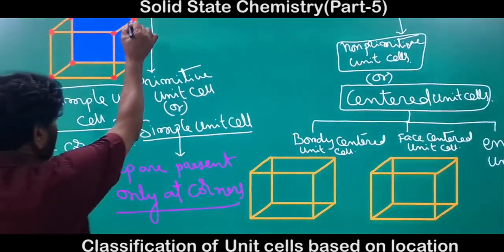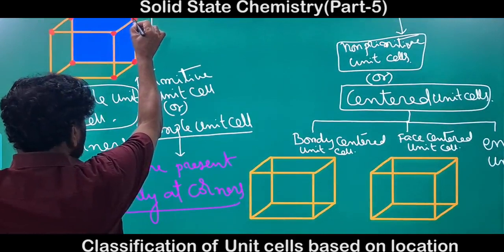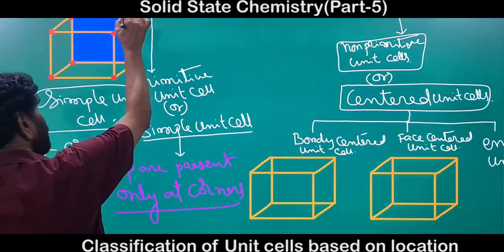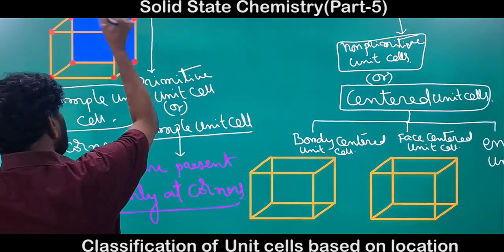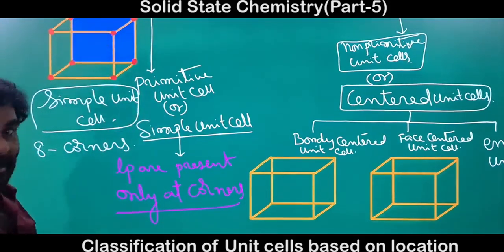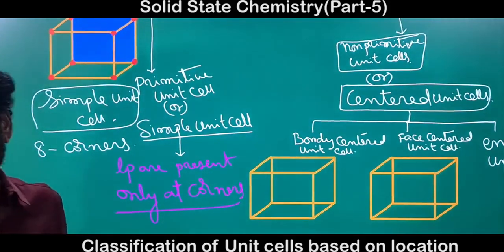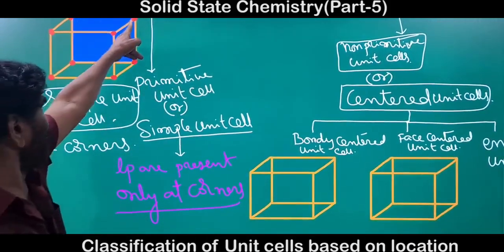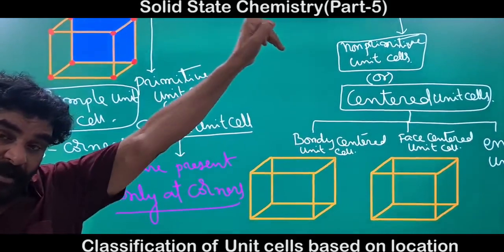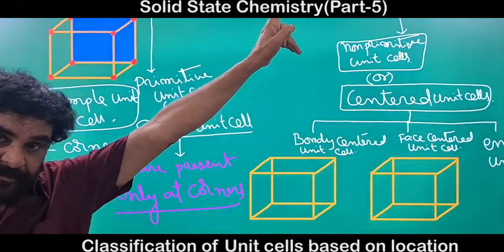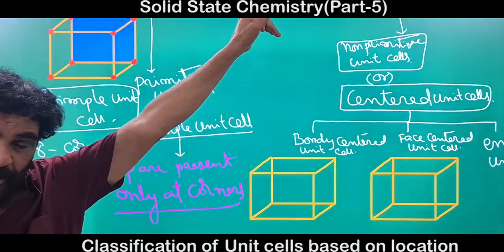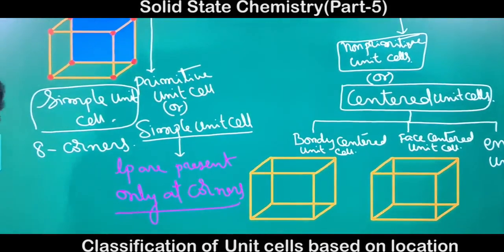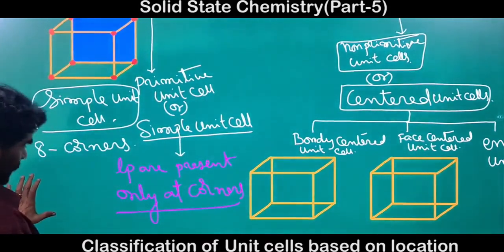Therefore, for this lattice point, which is common to 8 unit cells, its contribution to this unit cell is 1/8 part.